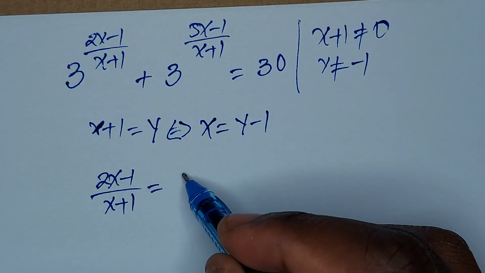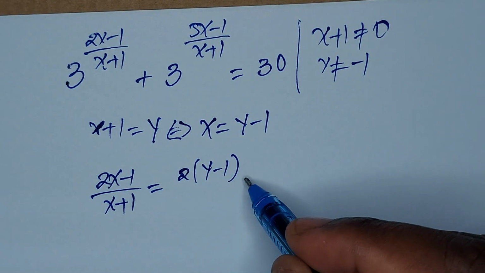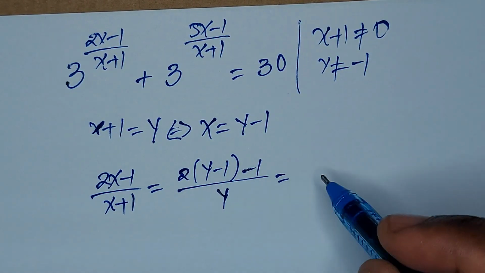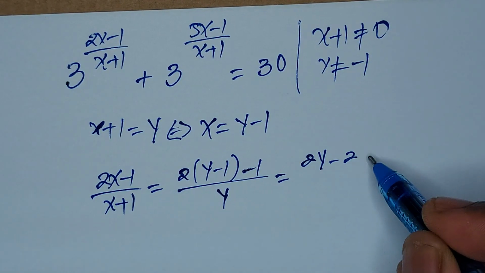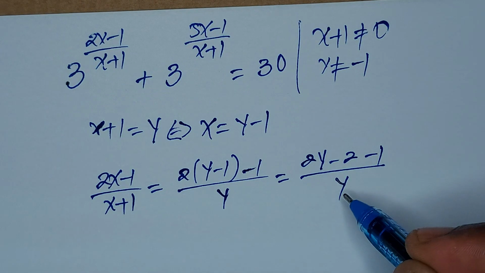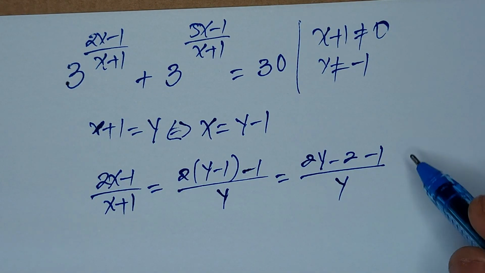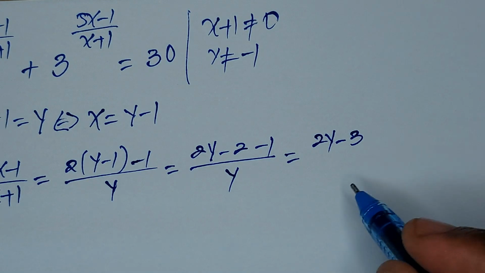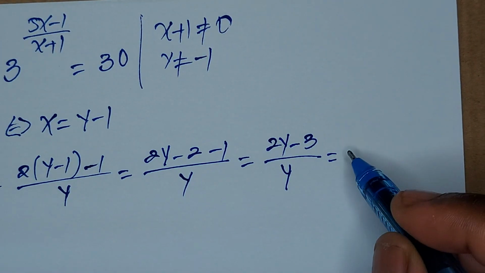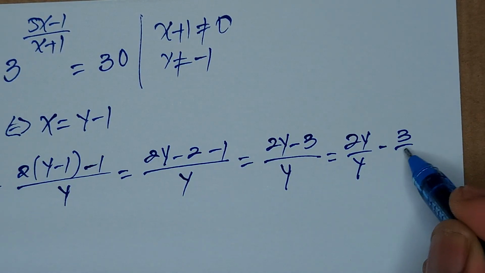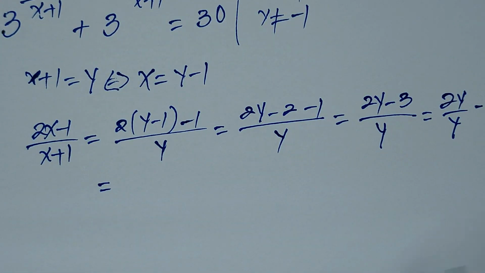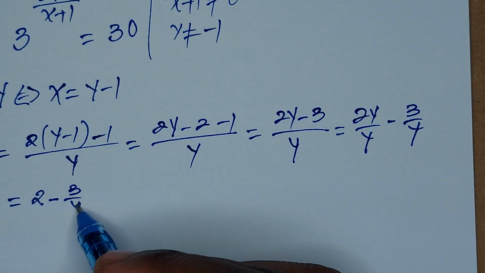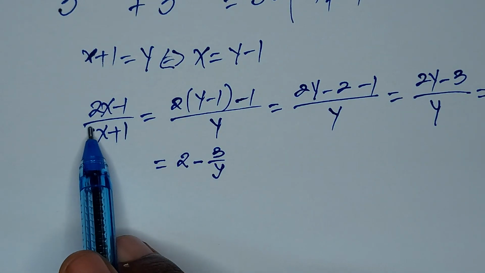So we have 2 times (y minus 1) minus 1, over y, which is (2y minus 2 minus 1)/y, so 2y minus 3 divided by y. This is 2y divided by y minus 3 divided by y, which is 2 minus 3 over y. So this is the first power.